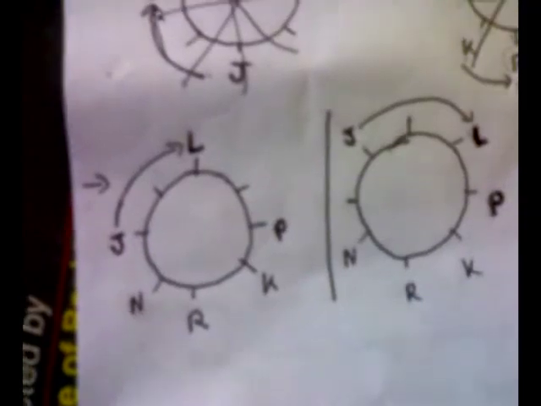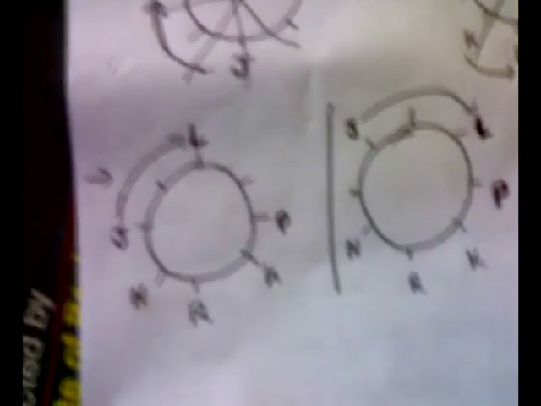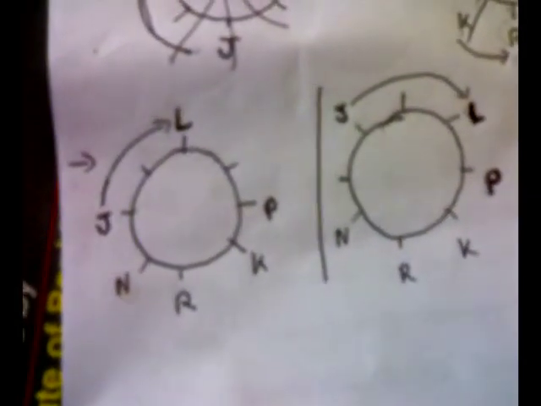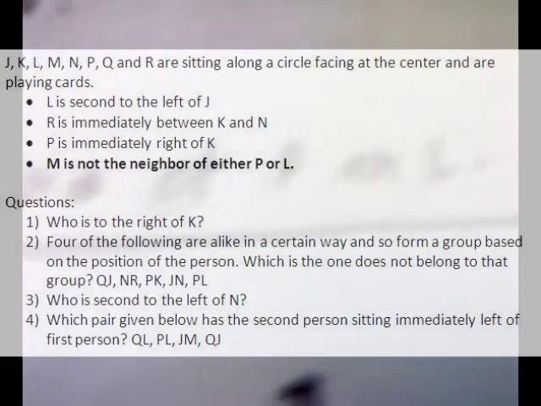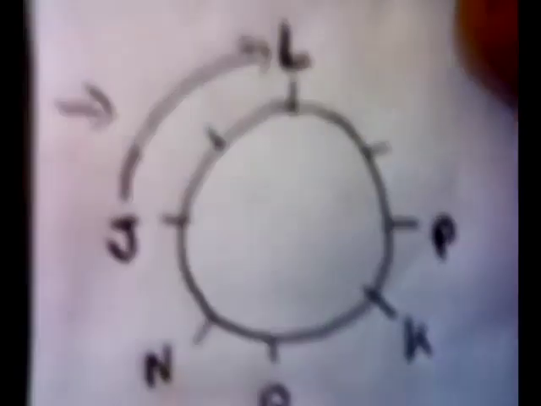Now we will move to our final condition, and it says that M is not an immediate neighbor of P or L, right? So in the first circle, we will see M is not an immediate neighbor of P or L.